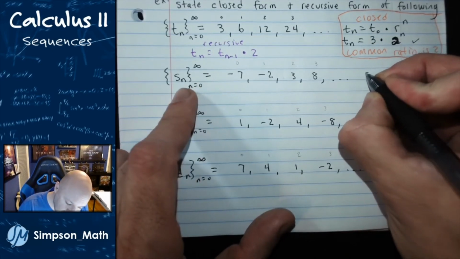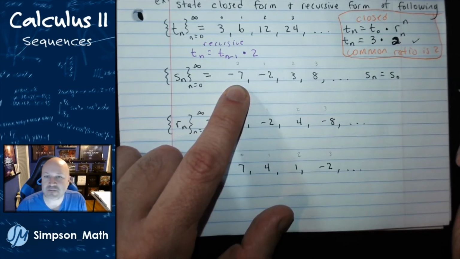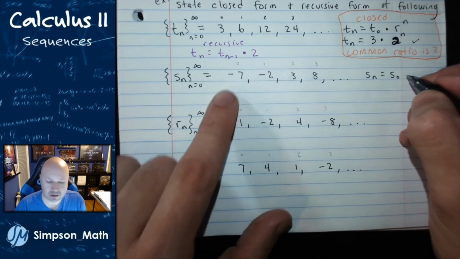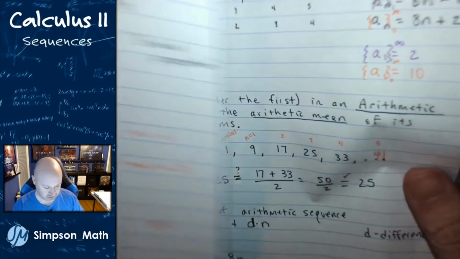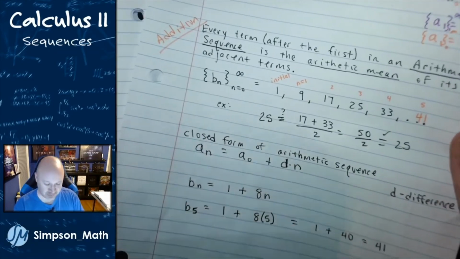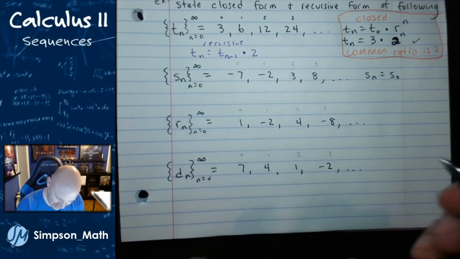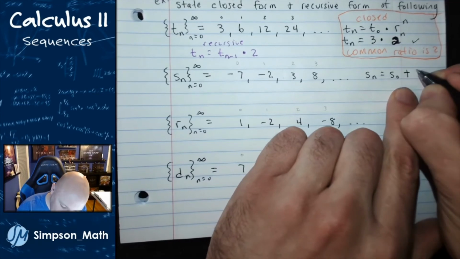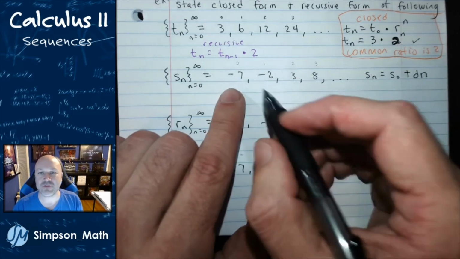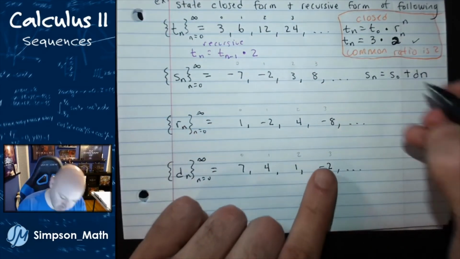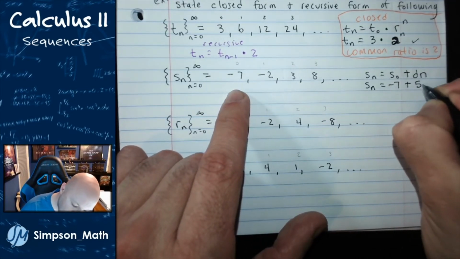It says S sub n is equal to the initial value plus d times n, where d is the difference. So the difference here is I'm adding 5 every single time. So S sub n will be -7 plus 5 times n.